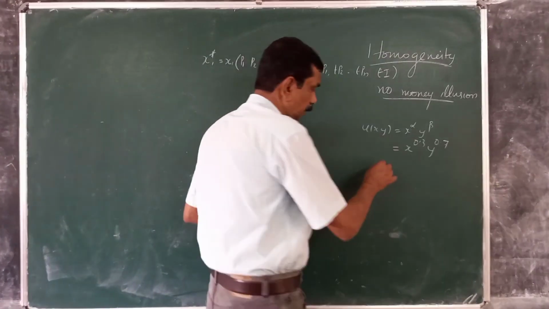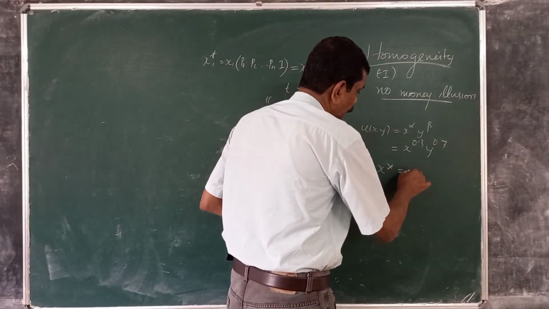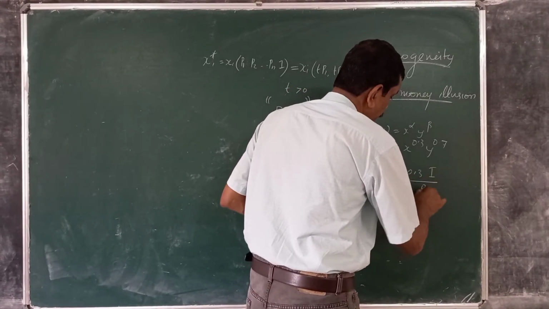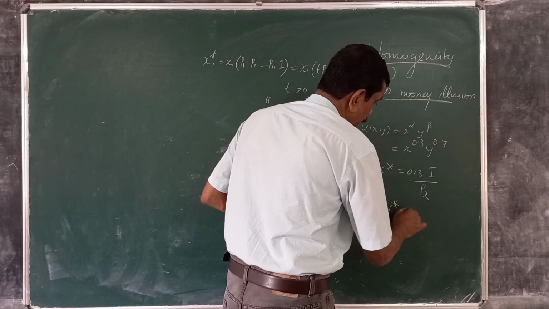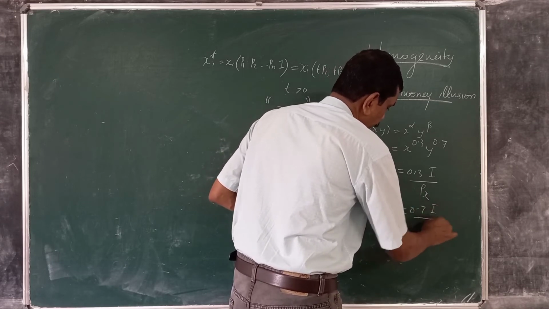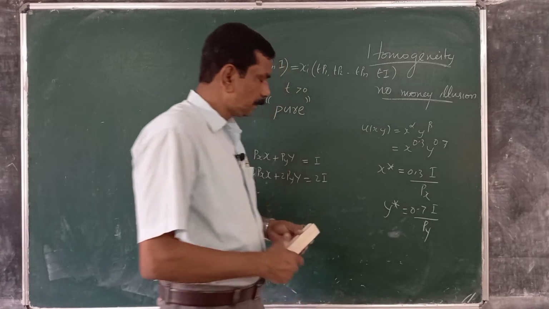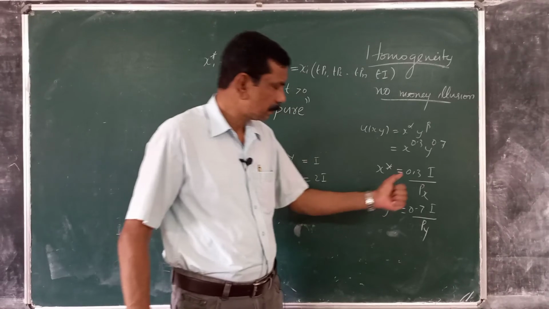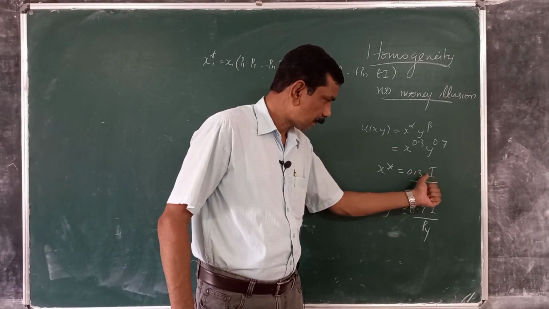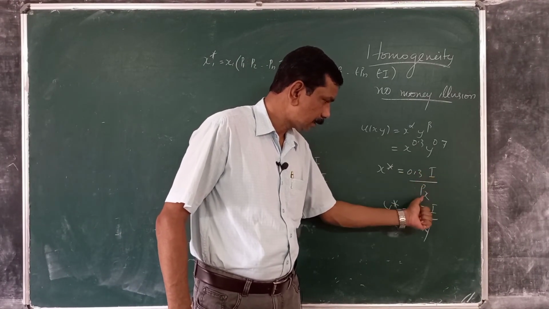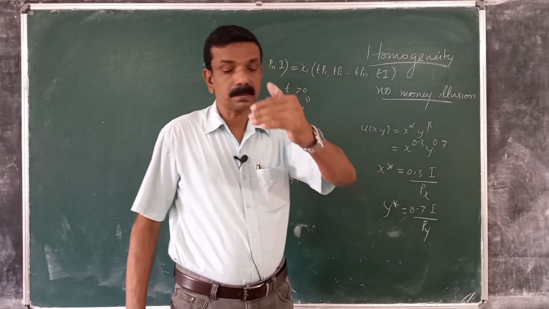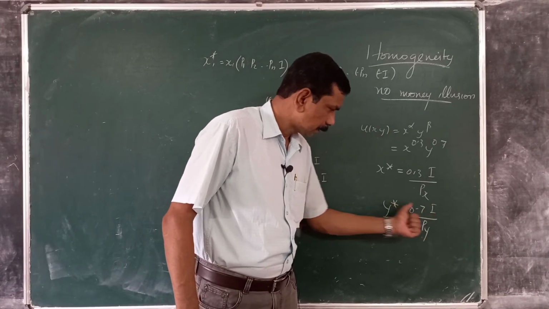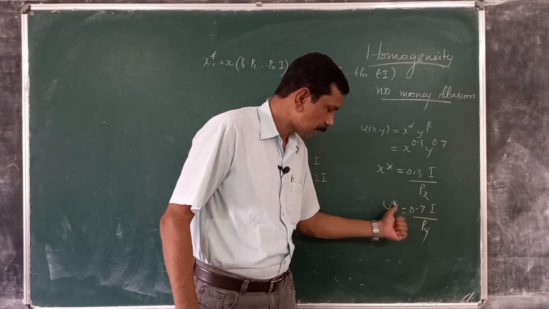The demand functions then are x star equal to 0.3 into I by px, and y star equal to 0.7 into I by py. You can see that these demand functions are homogeneous of degree 0, because if you multiply I and px with a constant, x star, the optimum quantity, is not affected. The same is true of the demand function for y.